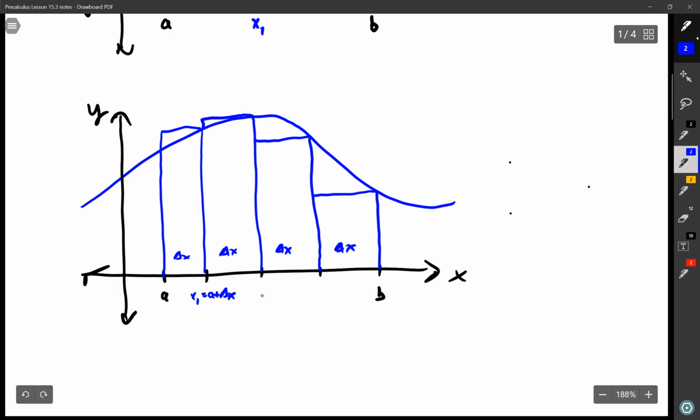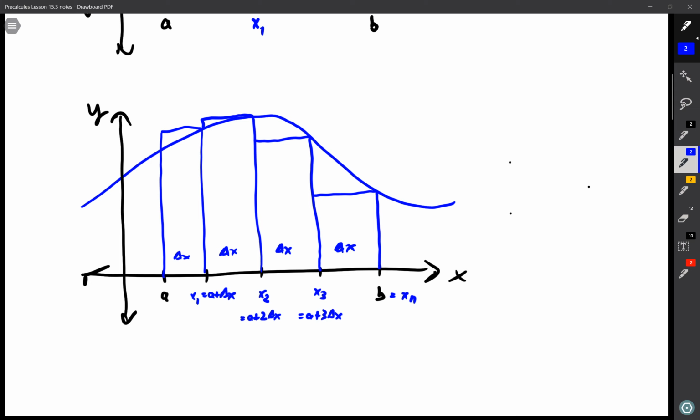Because we started at a, we added delta x, we added delta x a second time. So this x sub 3, we could say is a plus 3 delta x. So notice the subscript of what x value we have matches how many times we are adding delta x. So then our final one, b, is x sub n. In this case, it's going to be 4, but I'm making it generic, which is a plus n delta x's.